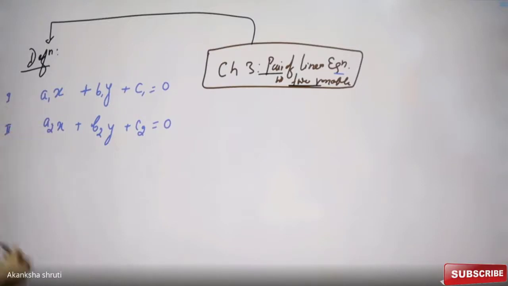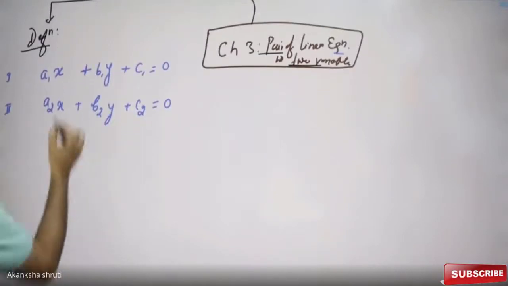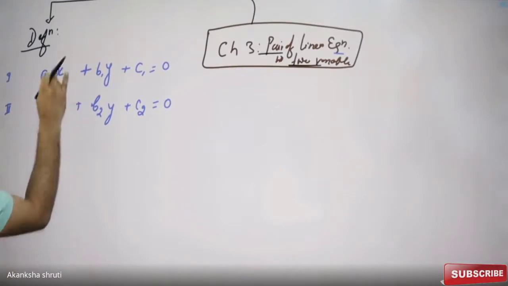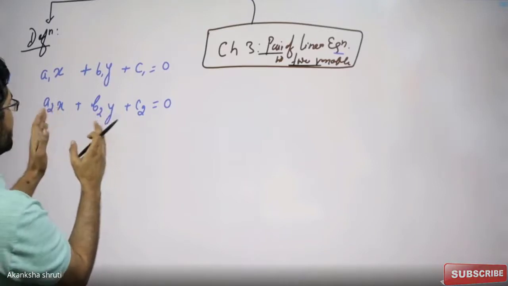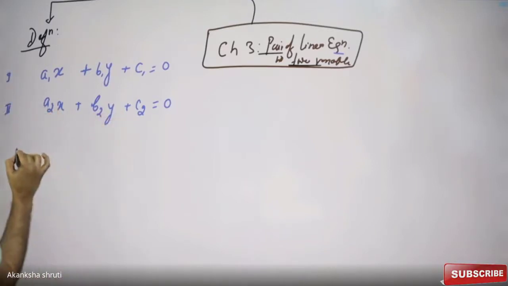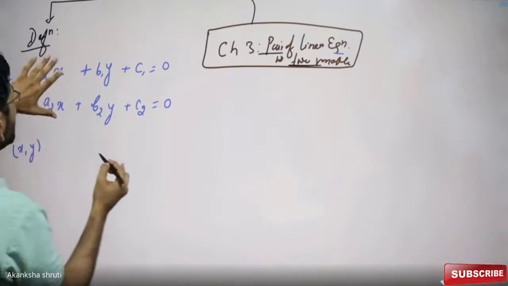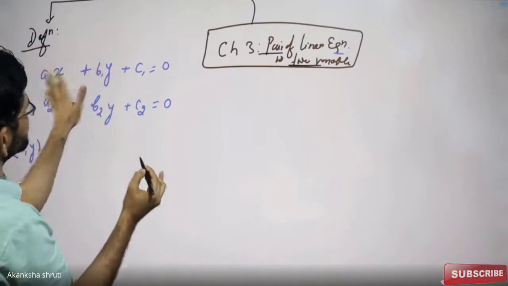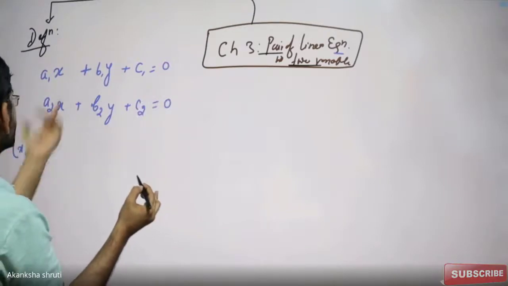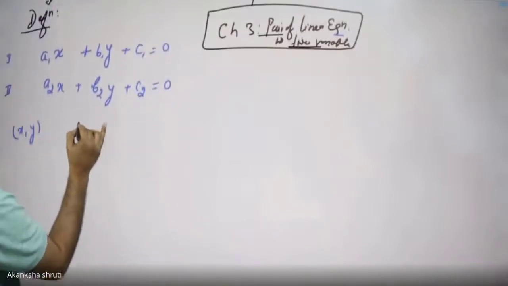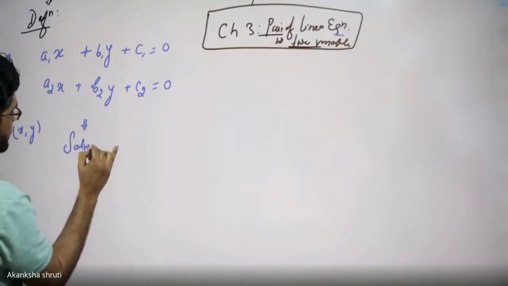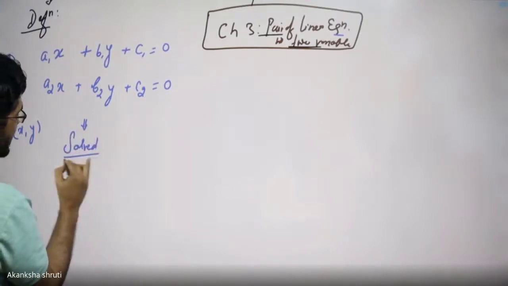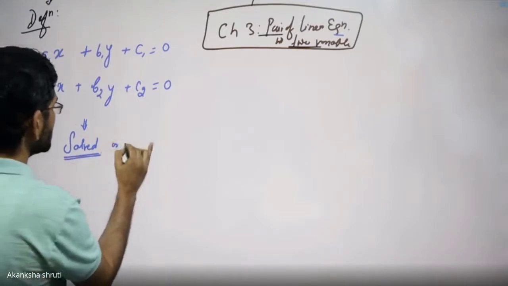It is called a simultaneous equation. So whatever the value of x in both the equations and y in both the equations, if we choose a suitable pair of x and y which satisfies both equations, meaning substituting on the left hand side we get the right hand side, then it is said to be a solution. Student, this can be solved or not.